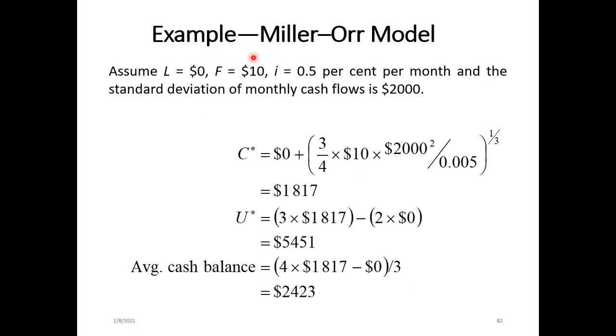I is the rate of interest. When you deposit the money into the bank, they will give you this amount of money, percent per month, right? It's monthly, it's very important. So per month, 0.5% per month, and the standard deviation of monthly cash flows is 2000, right?